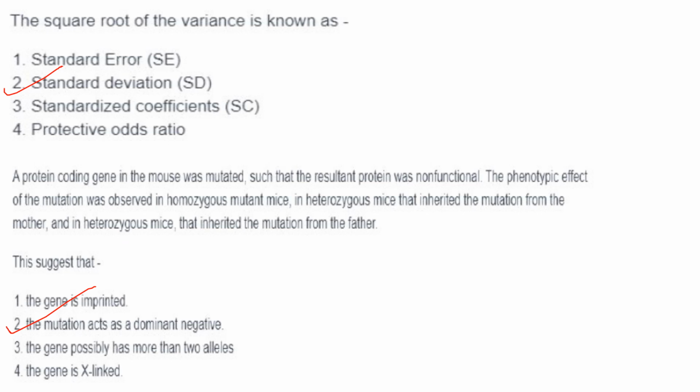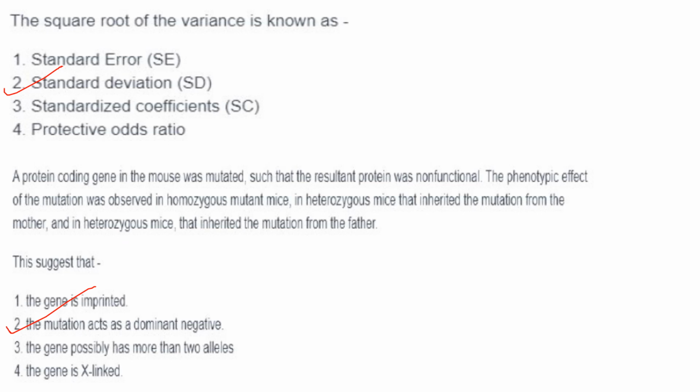The gene is X-linked. If the gene was X-linked, then we would expect to see different phenotypic effects in males and females, because males have only 1 X chromosome whereas females have 2 X chromosomes.